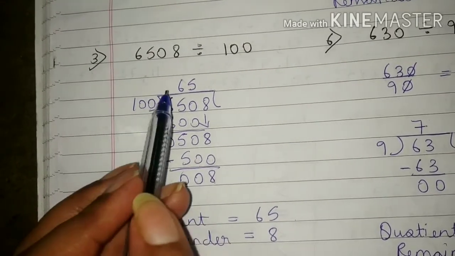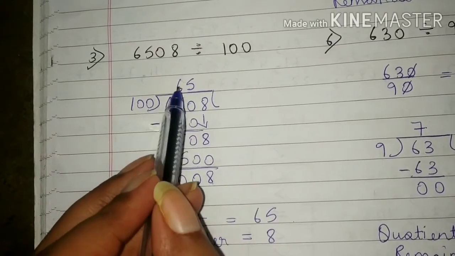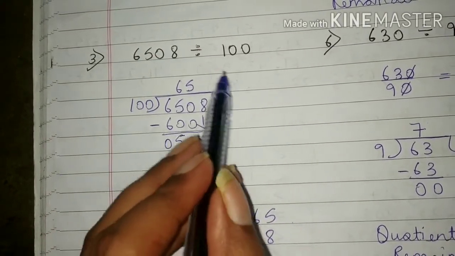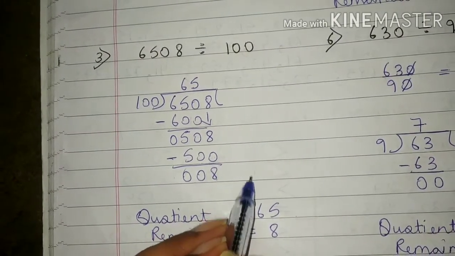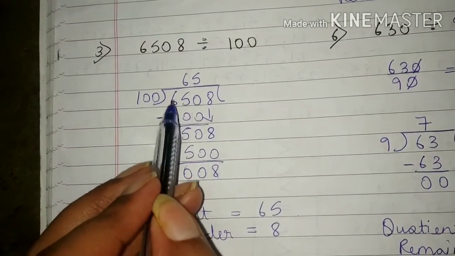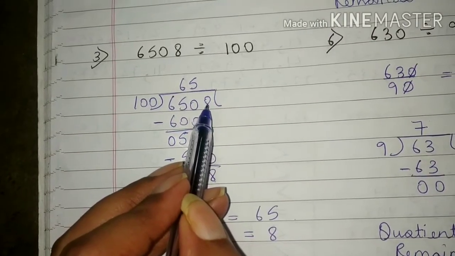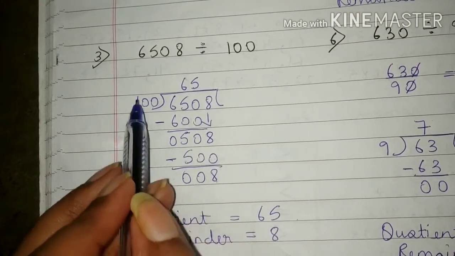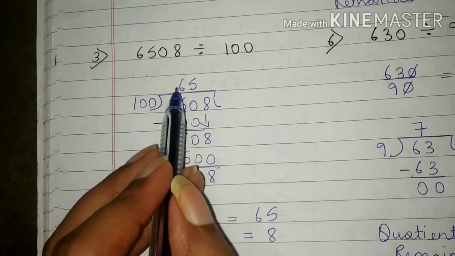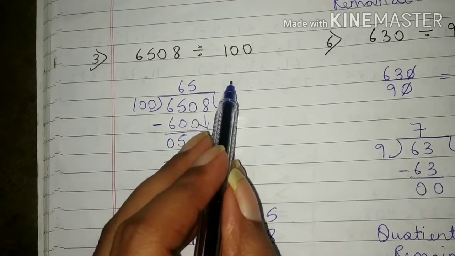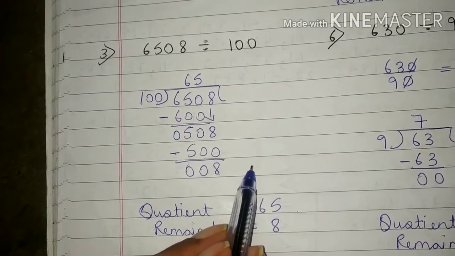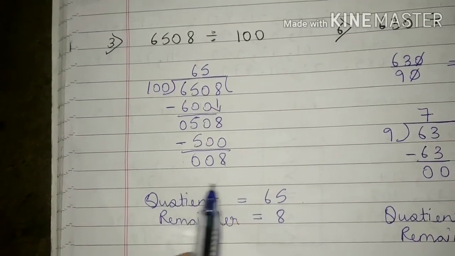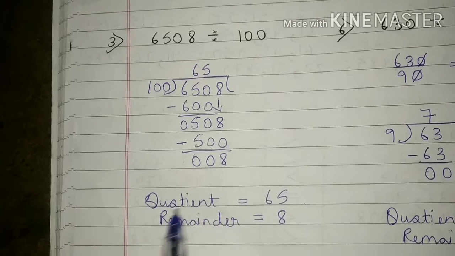Students, 65 is quotient and 8 is remainder. 6508 divided by 100 will give 65 as quotient and 8 as remainder. So quotient is 65, remainder is 8.